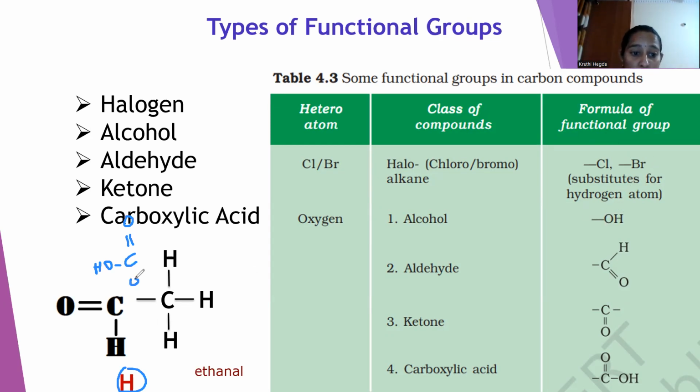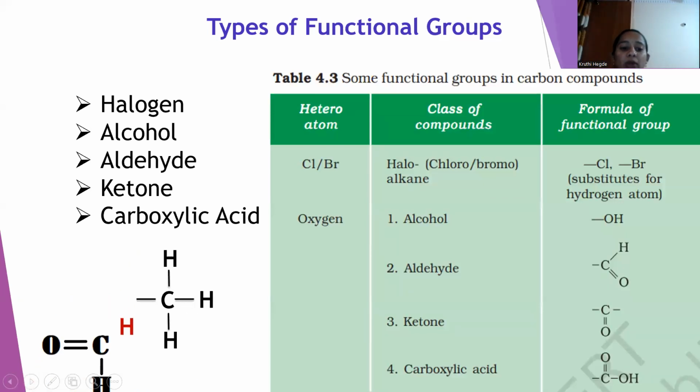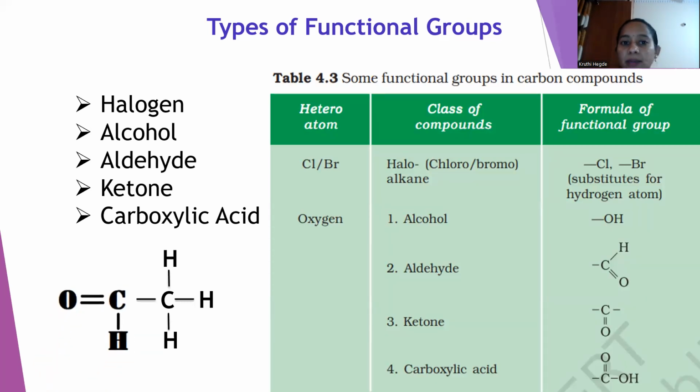It can be any of these functional groups. Got it, children? Shall I move ahead? So here CHO is taking the place of hydrogen, or it can be even chlorine, bromine, alcohol, aldehyde, ketone, like that. I'll move ahead.